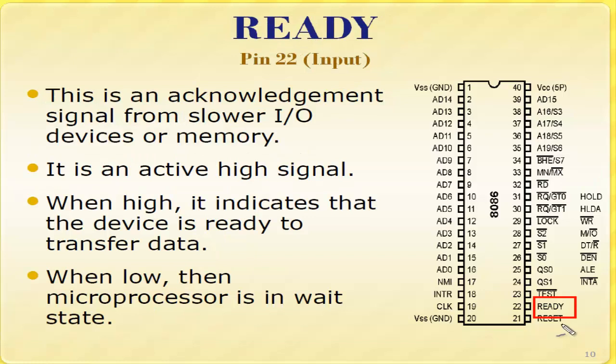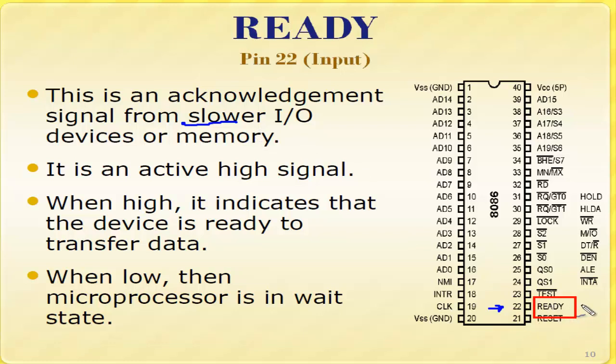Now the next pin, which is pin number 22, is ready. We want to be ready here because your processor has a high speed and your input output devices are very slow. So we have to tell the processor whether the device is ready or not. That is why we set this to 0 or 1.